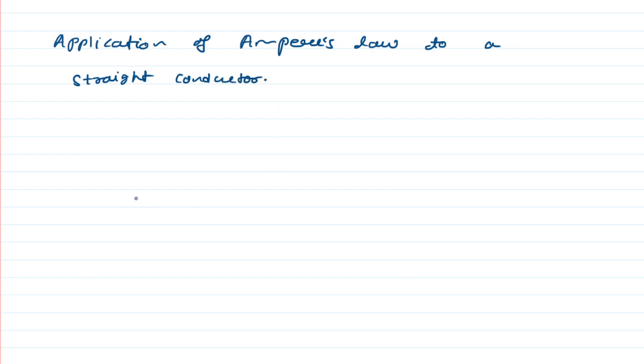So if you have a long straight wire and let us assume the current is flowing in this direction, then the magnetic field produced due to this current carrying wire will be a circular loop enclosing this wire.